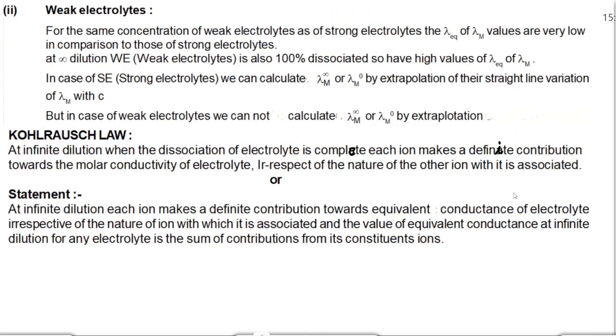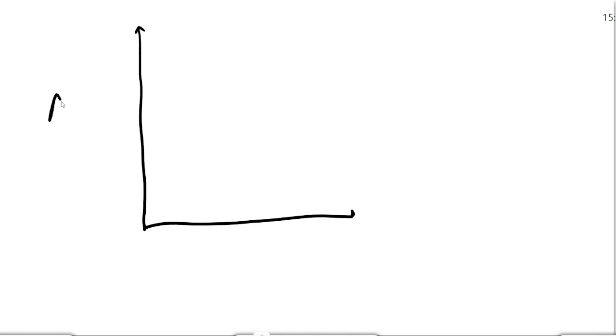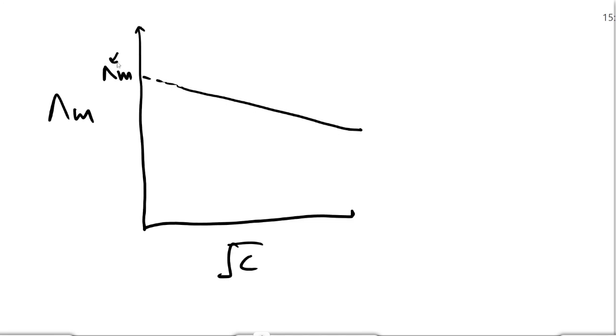Now Kohlrausch law. See, when I plot the graph for strong electrolyte, this is a straight line, and therefore if we extrapolate, we can get lambda m naught. But for weak electrolyte, it is like this.